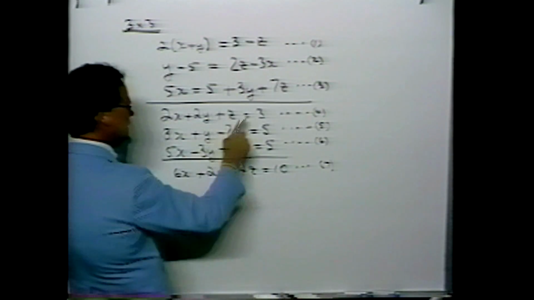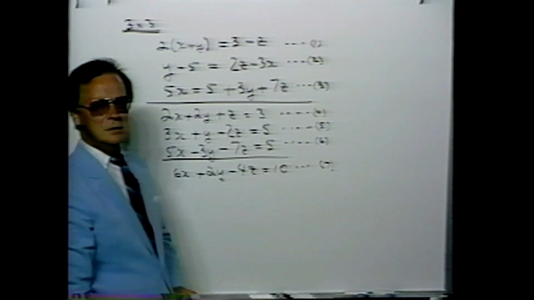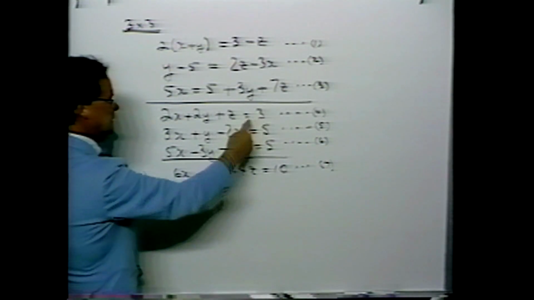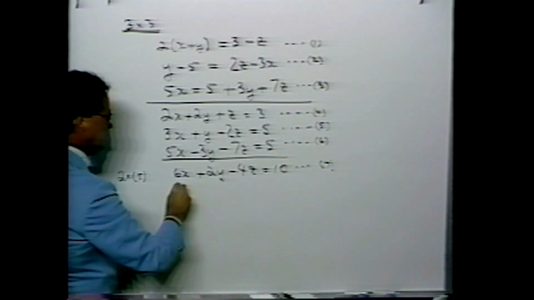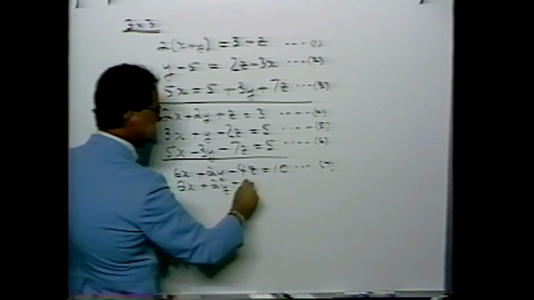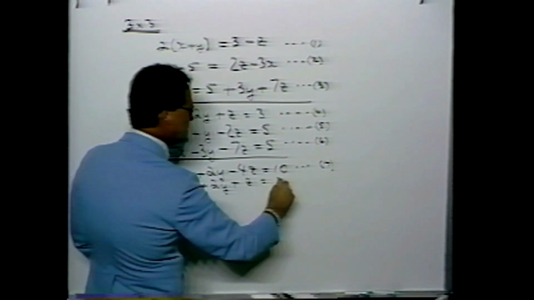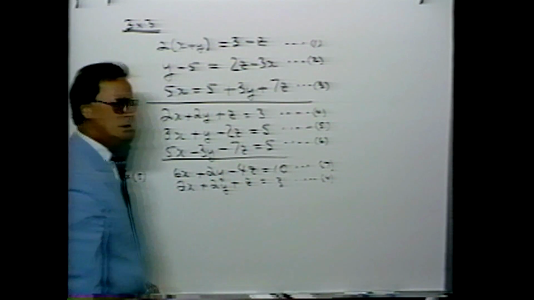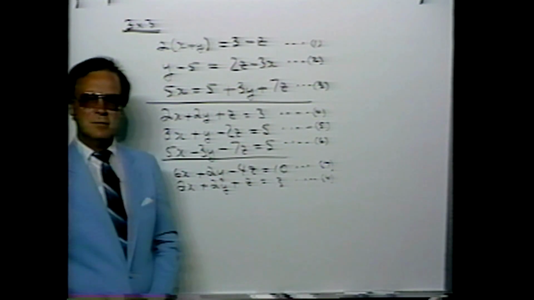We will write equation 4 underneath it in exactly the way it's presented here. And so we have 2x plus 2y plus z equal to 3. That's exactly the same as equation 4, so we'll leave it as equation 4.